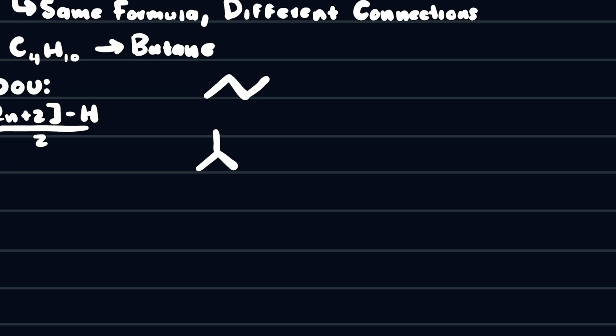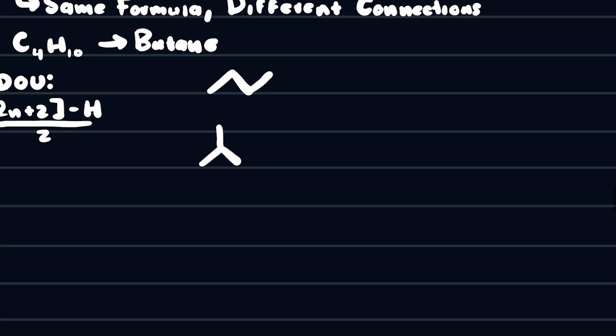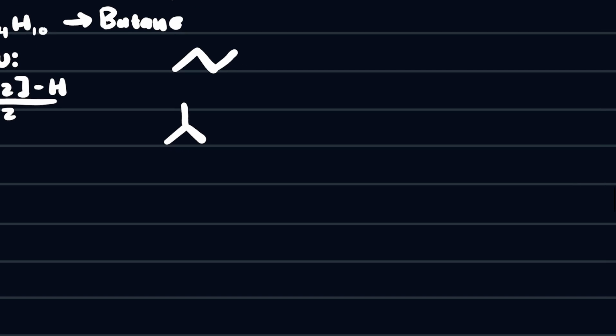Great. Now we have 4 carbons, and now let's verify our hydrogens. As you can see, we have 3 external carbons. So that means each of them has 3 hydrogens, and you can verify this by seeing that each of these carbons only has 1 bond to another carbon, meaning it has to be bonded to 3 hydrogens, as you can see.